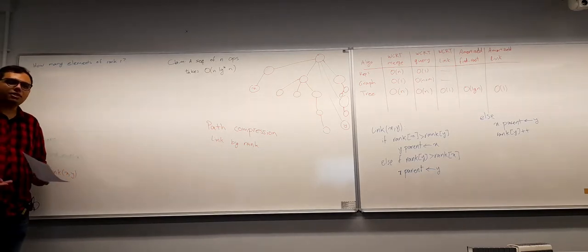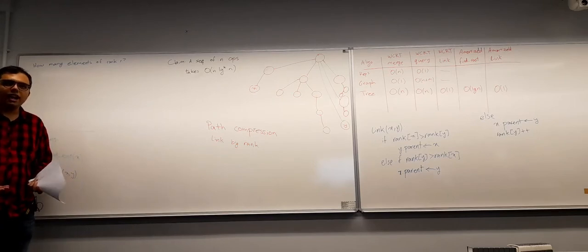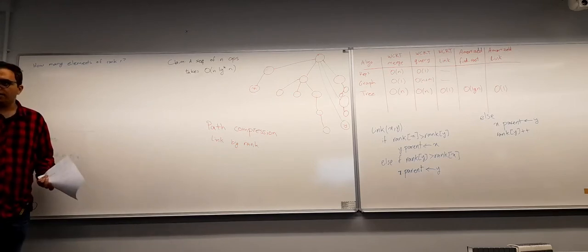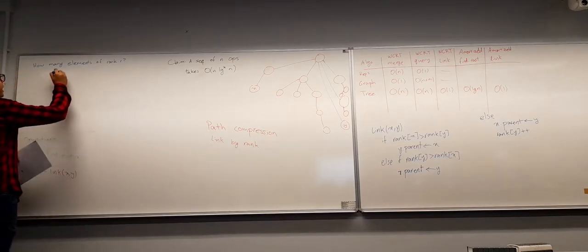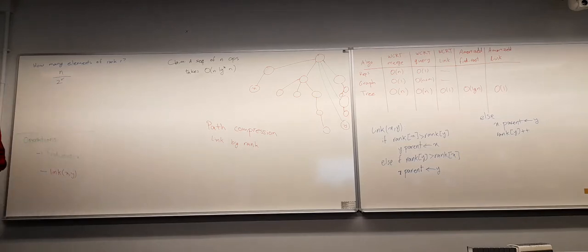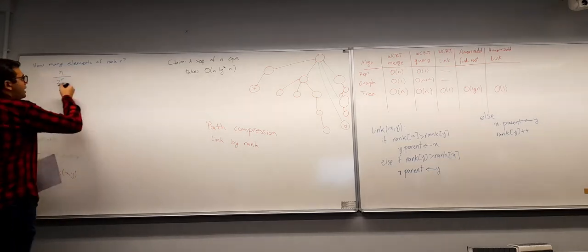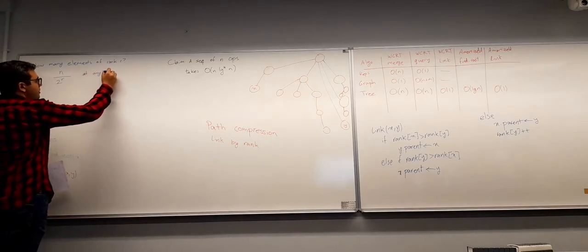And each of these subtrees has at least 2 to the power of R elements in it. And in total, I have n elements. So I can have at most n divided by 2 to the power of R elements of rank R. I can have at most this many elements at any time, right?